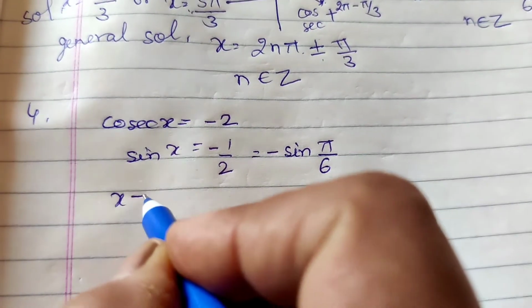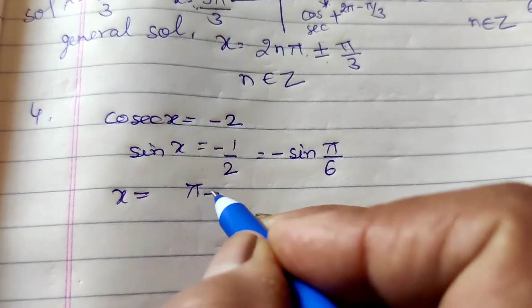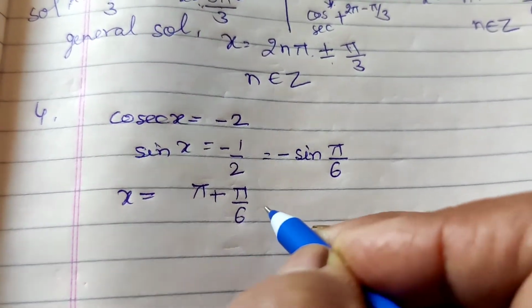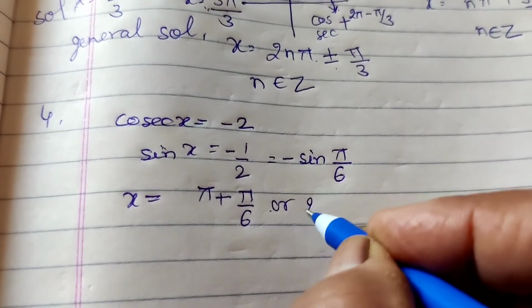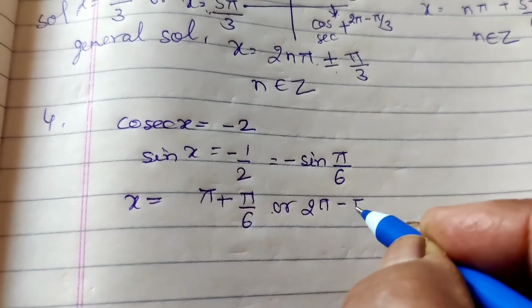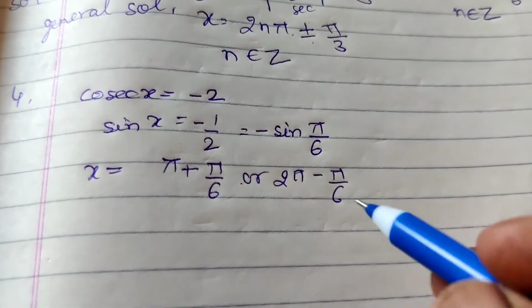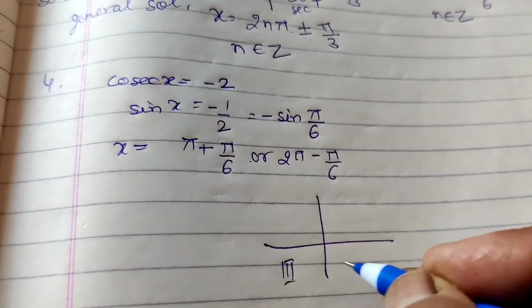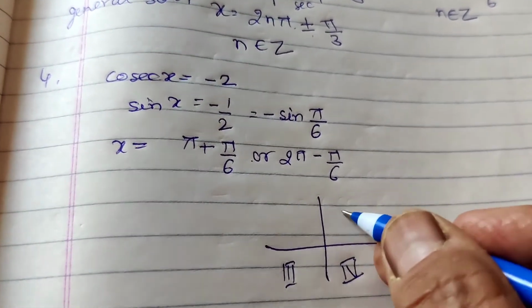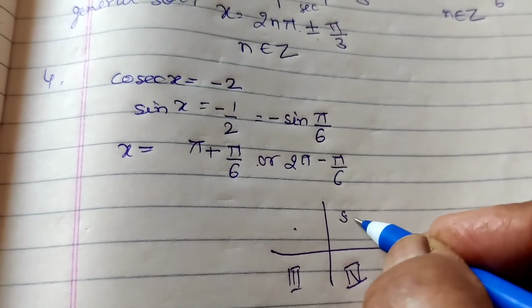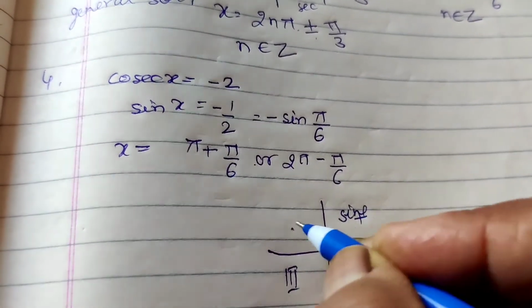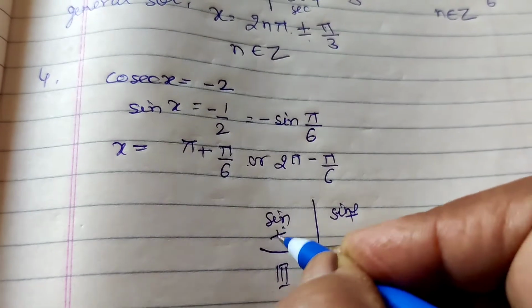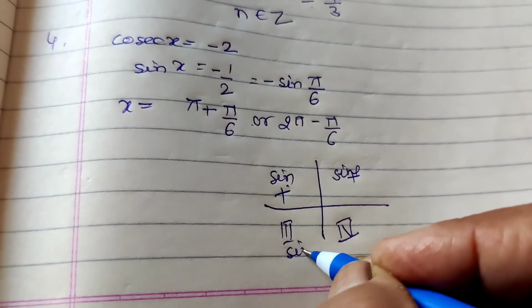Now x equal to pi plus pi by 6 or 2 pi minus pi by 6, because sin is negative in the third and fourth quadrants. In the first two, sin is positive.